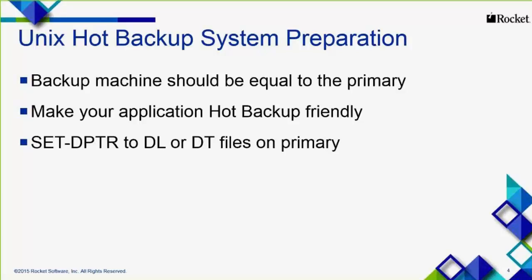The problem is, if you're really using Hot Backup the way it's intended, where you may have to fail over, you want that machine to be just as powerful as your live machine, because you may be failing over to it. Hope you're not, but that's why we have it. You may have all your user load on that secondary machine, so you really need to not skimp on that backup machine.